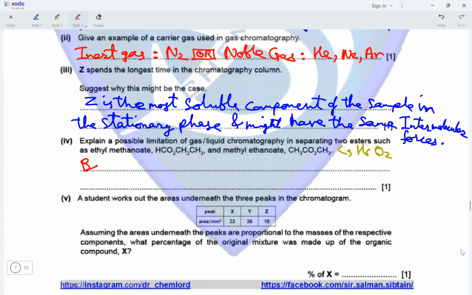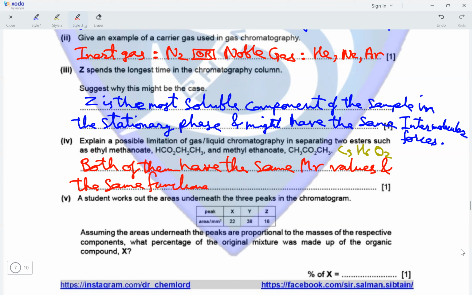So both of them have the same Mr values and the same functional group. Hence, they cannot be separated in GLC.